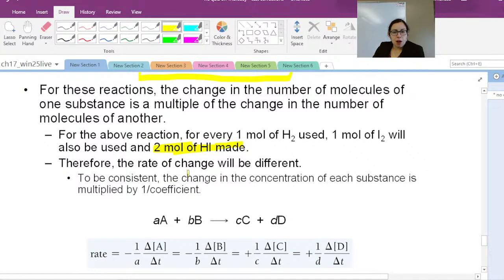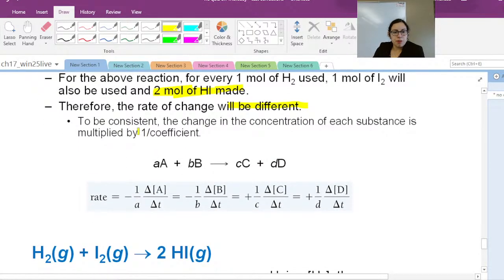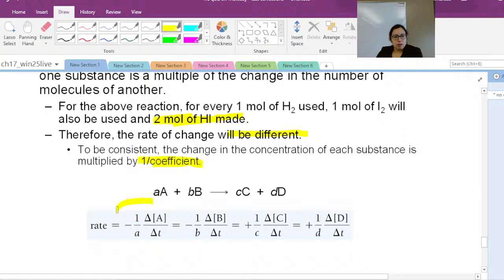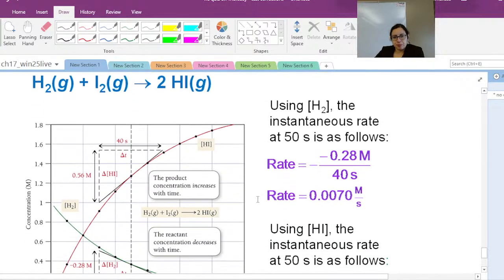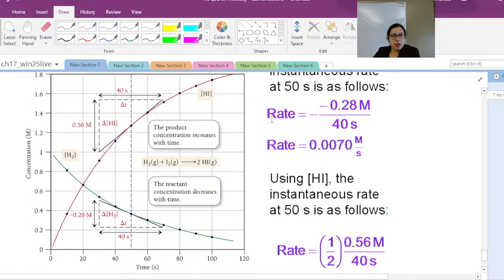Therefore our rate will be different. We can make them all consistent and account for this difference by multiplying by 1 over the coefficient. So now we can look at that, and that's the math of it. Let's compare, and that's what's being shown down here.